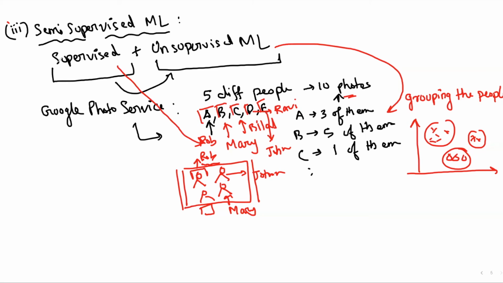Okay, now let me come to reinforcement machine learning. Just pardon my language, guys. I know my handwriting is not that good. So reinforcement machine learning is a completely different story.